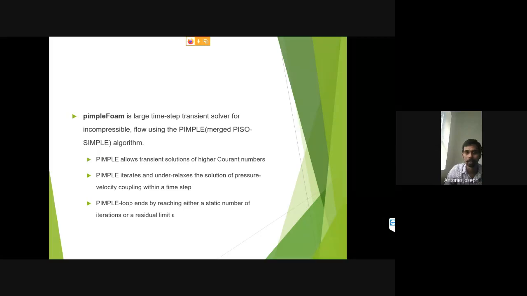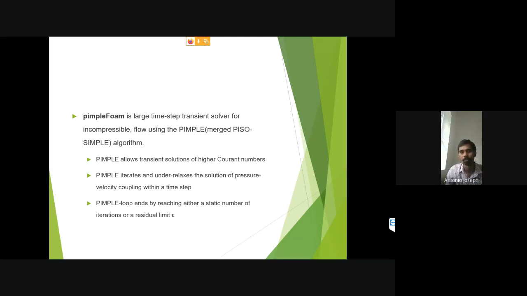We are able to solve transient flow problems with it, and one of the parameters that we look at for the convergence criteria is the Courant number. Sometimes the Courant number goes on increasing, and at a particular point, the iteration stops, telling that the solution is diverging.